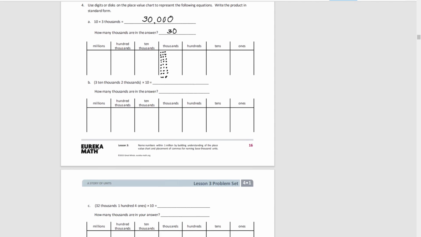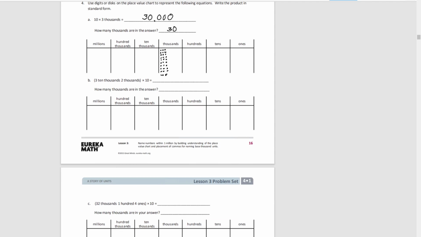Okay, using the same strategy, you try B. So for B, we start out with 3 10,000s and 2,000s, and we're multiplying by 10. And the same thing with the thousands.